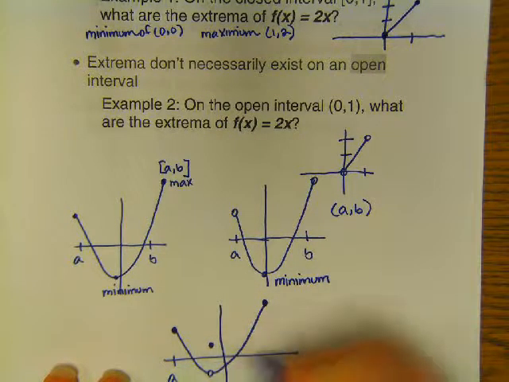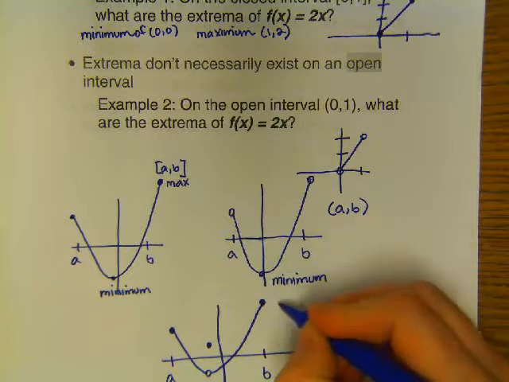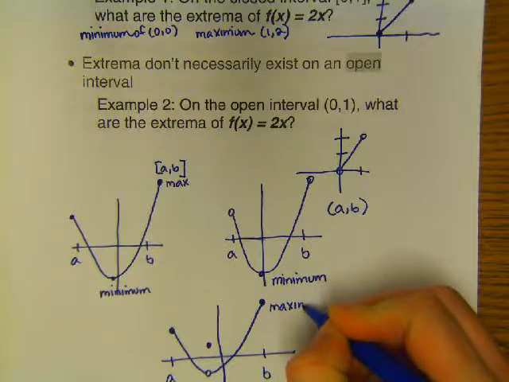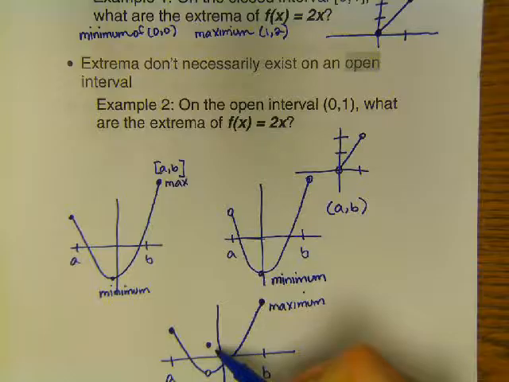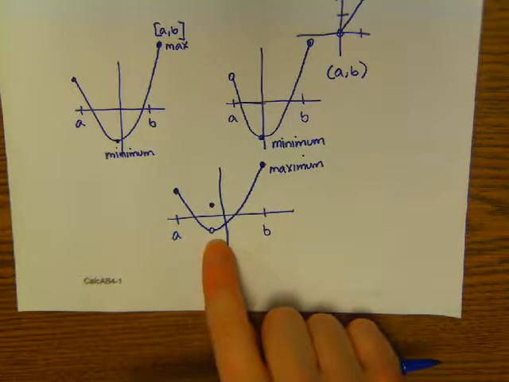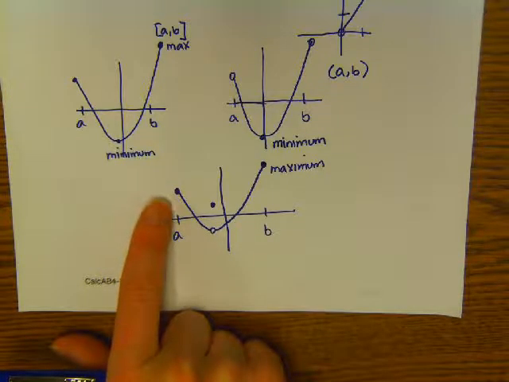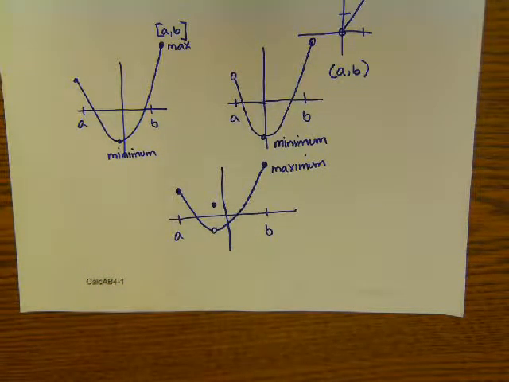Alright, so in this case, the maximum would be up here, and this, you can't see it, is not continuous there, so this point is no longer a minimum. So we wouldn't call it a minimum because it's not filled in there. And this isn't the minimum either because it's higher than the point there. So basically, it's not continuous.